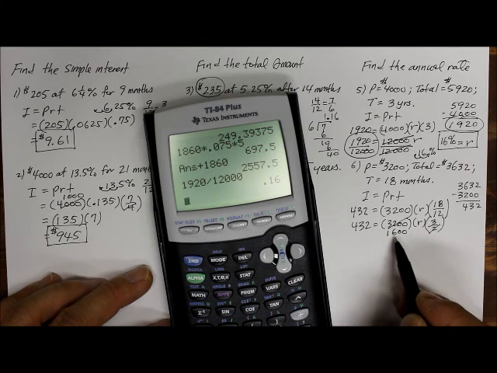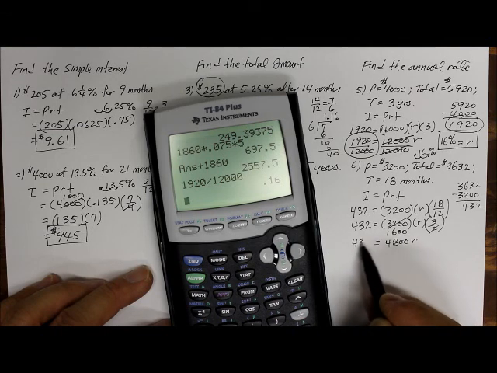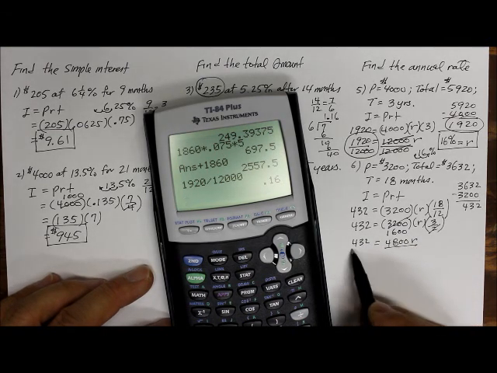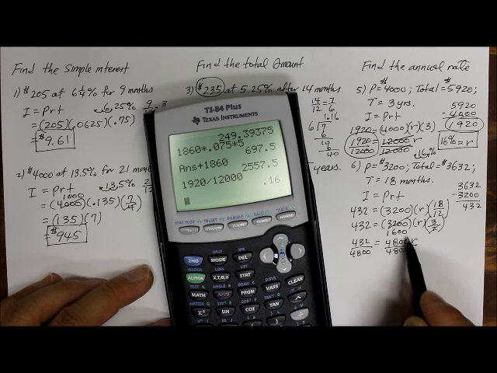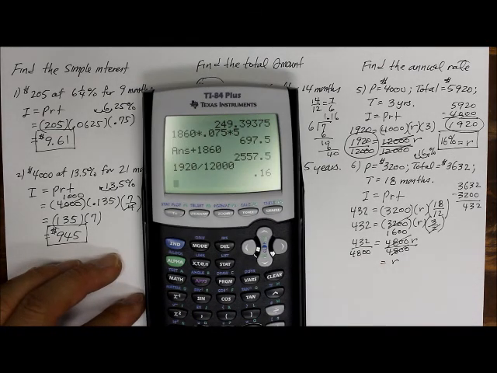And 3 times 1600 is 4800R equals 432. Now to solve for R, divide 4800 to both sides of the equation. So the 4800 cancels. R equals 432 divided by 4800. That's going to be 0.09. And now to make that into a percent, we're going to move it 2 to the right. So R, the rate, equals 9%.